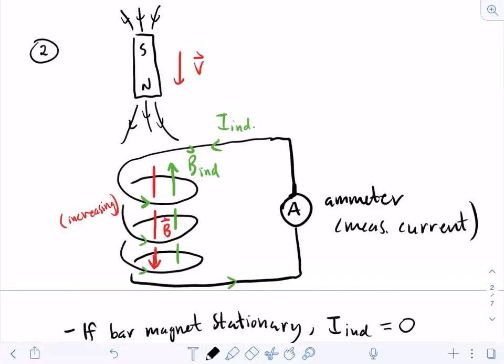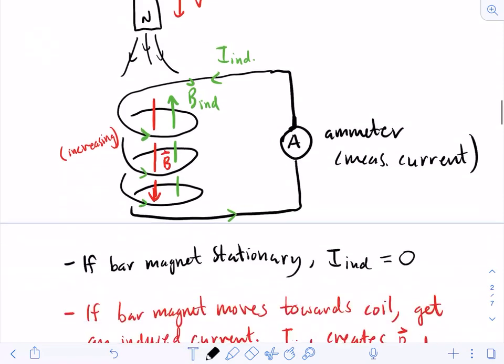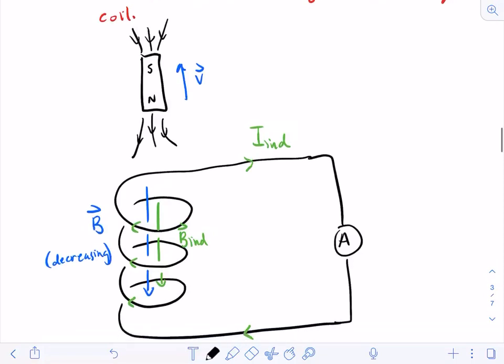Over here, we took a magnetic field and we increased its strength. The induced current acted so as to induce a magnetic field that opposed that change in flux. When we pulled the magnet away, we decreased the flux through our coil, and the induced current acted so as to create a magnetic field, B induced, that tried to sustain the flux that was there originally.